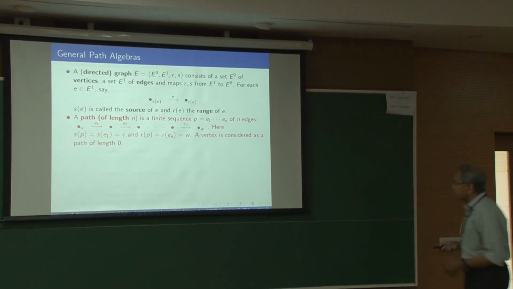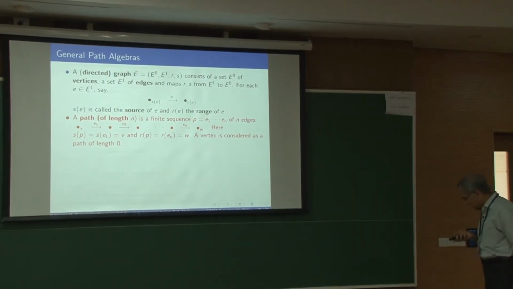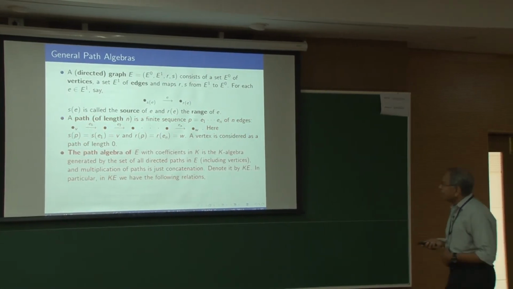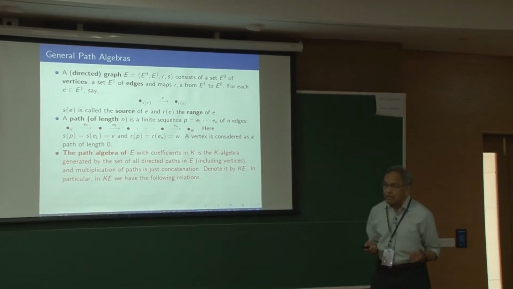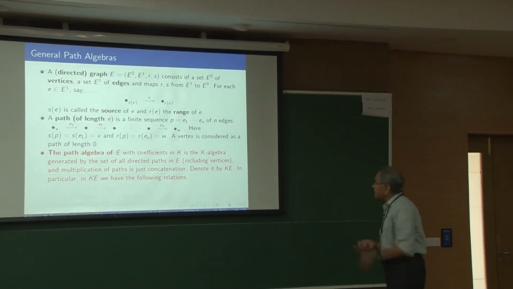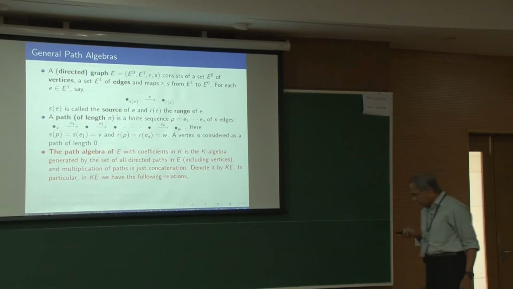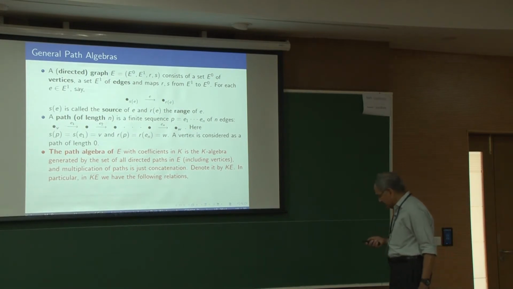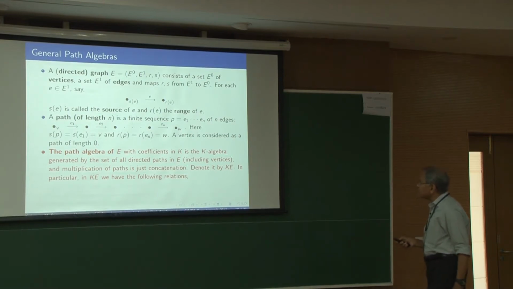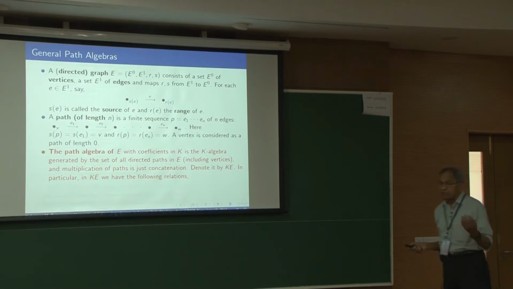A vertex is also considered as a path of length 0. And the path algebra of the graph E with coefficients in the field K is simply a K-algebra generated by the set of all directed paths, including the vertices. The multiplication is concatenation. I'll explain in a second.